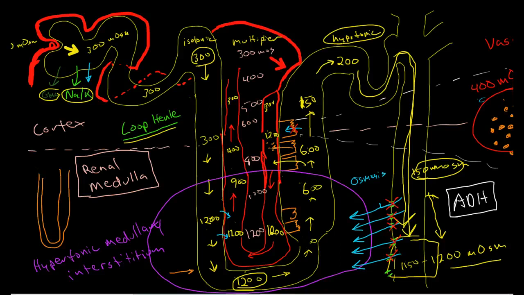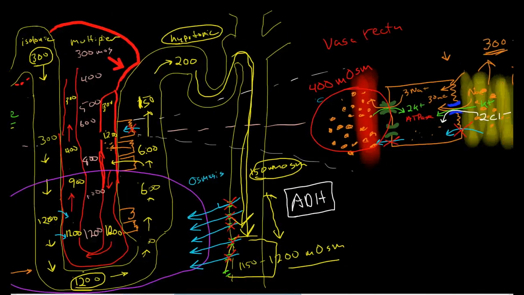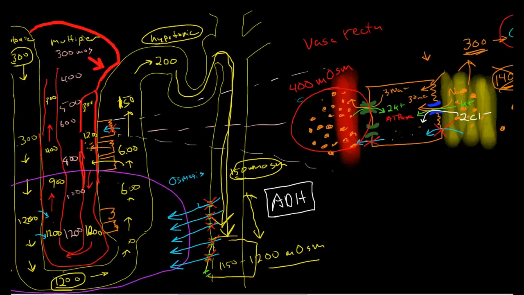Okay, so I did want to talk just a little bit about loop diuretics. This isn't a pharmacology course, but it's very interesting to think about how loop diuretics work. Loop diuretics work by blocking the sodium-potassium-chloride pump. So what does that do? Well, let's think through it. If you block the sodium-potassium-chloride pump, then you are not going to be able to increase the osmolarity in the vasa recta.